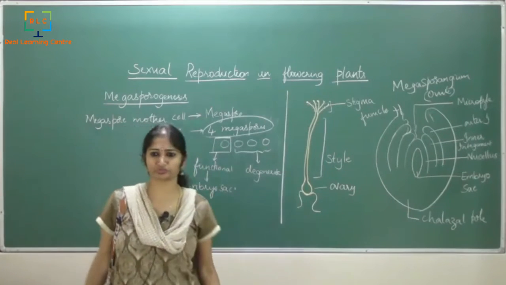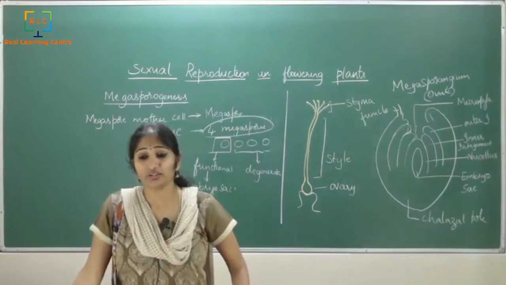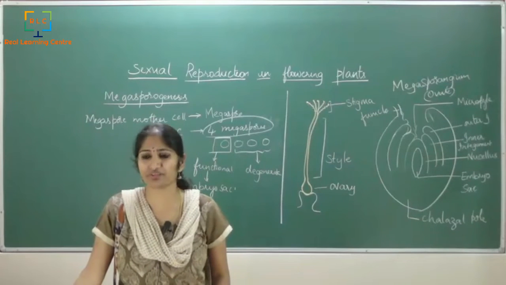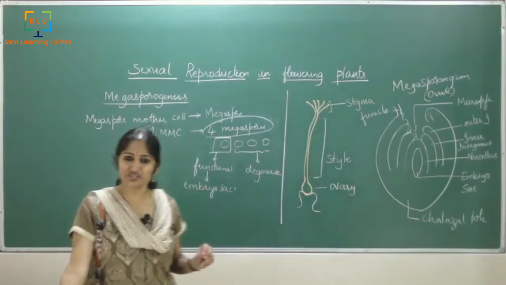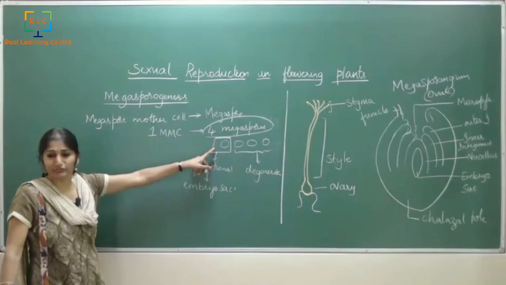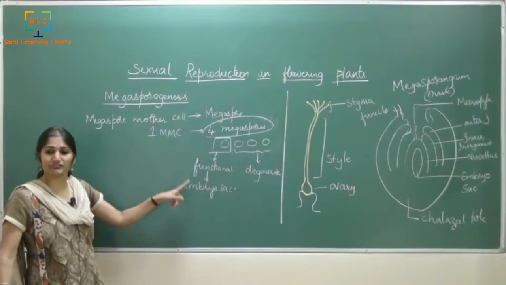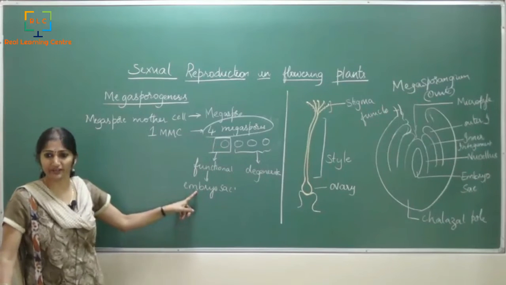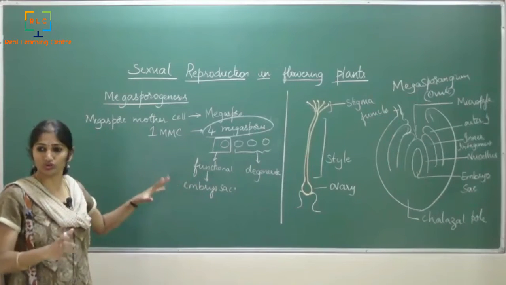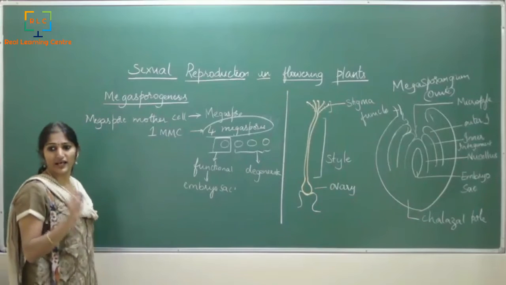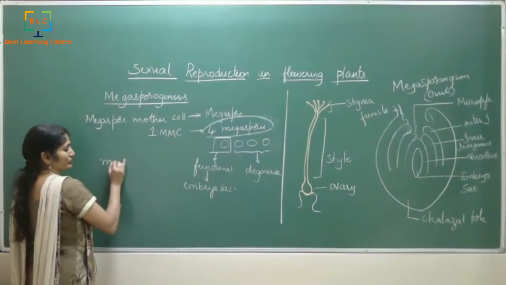This is very commonly seen in most flowering plants. Since only one of the four is a functional gametophyte and gives rise to a functional embryo sac, we call this development of megasporogenesis monosporic.